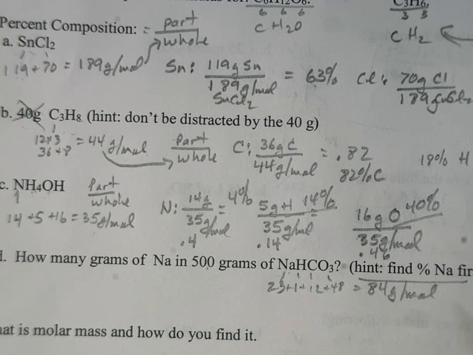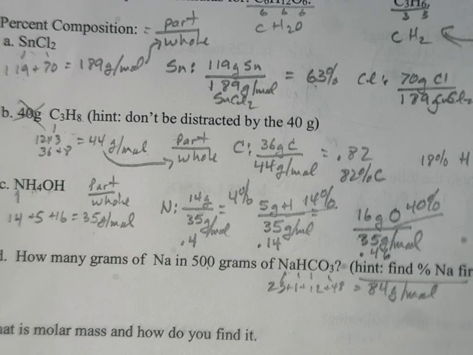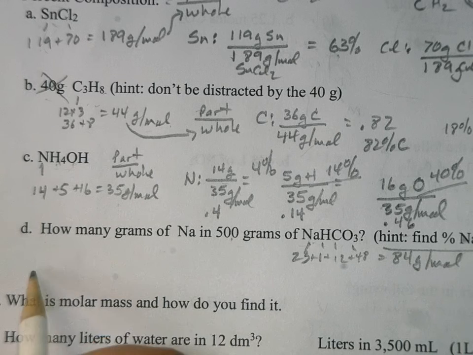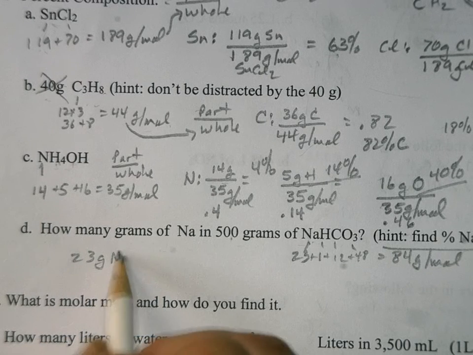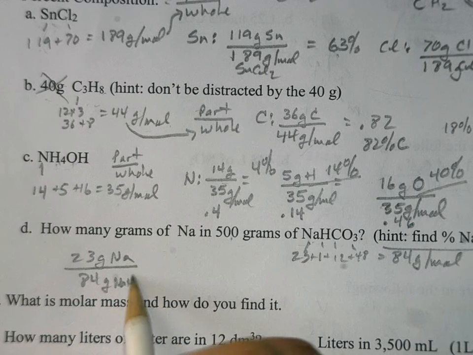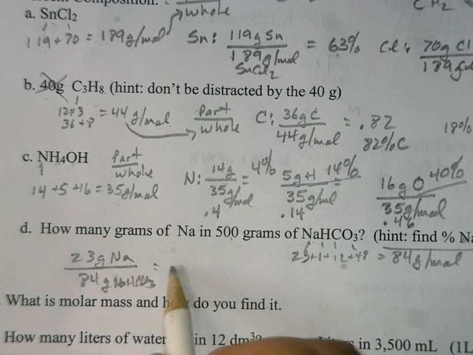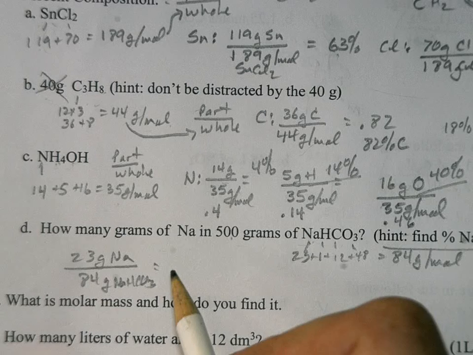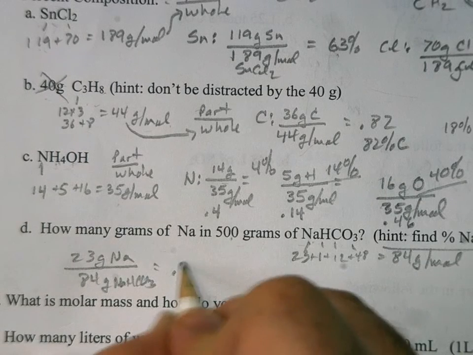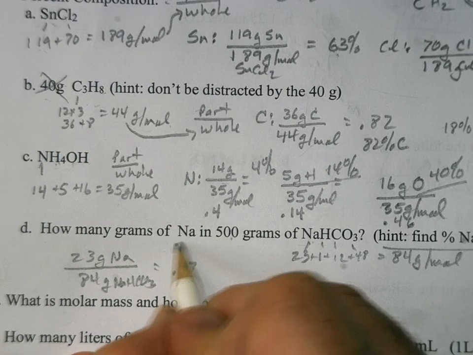The hint was to find out the percent sodium. So 23 grams of Na for every 84 grams of NaHCO3 comes out to be 0.27, if I remember. Better double check. 23 divided by 84 equals 0.27, or 27% sodium.